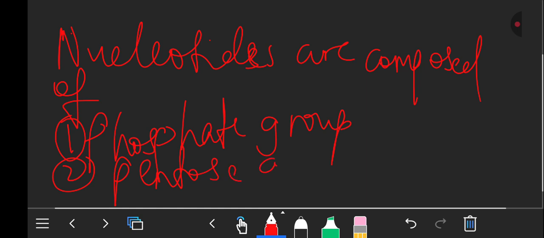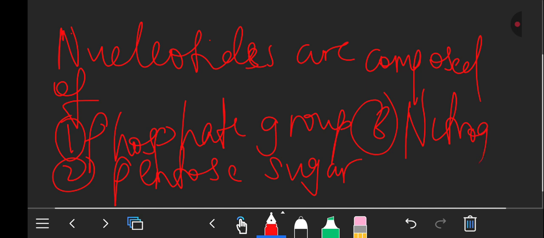And we understand that the pentose sugar is a furanose ring. The third component is the nitrogenous base. I can abbreviate this as NB. So these are the components which make up the nucleotides.